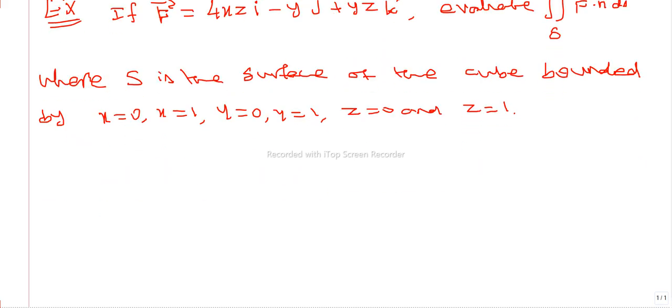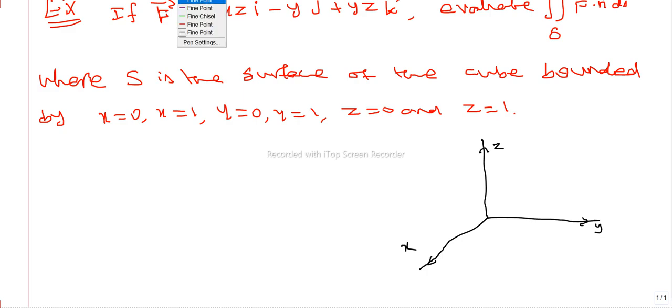Now if you draw the picture, you draw the cube and you have to take the surface of the cube. Okay, suppose this is the z axis, and this is the x axis and this is the y axis.